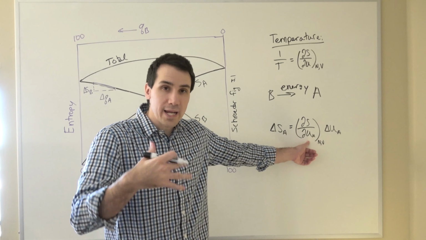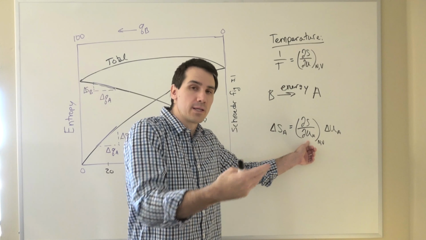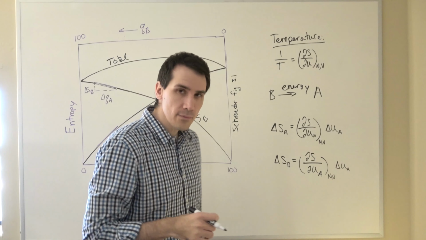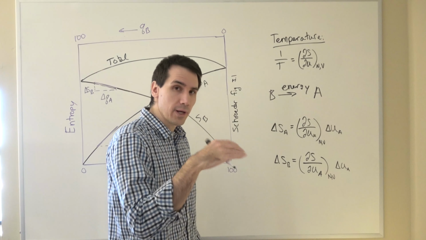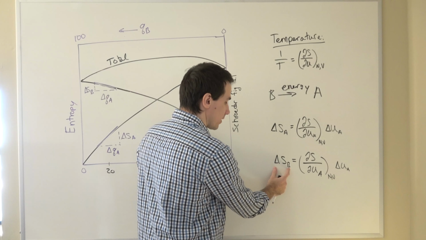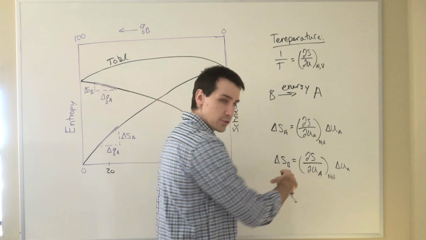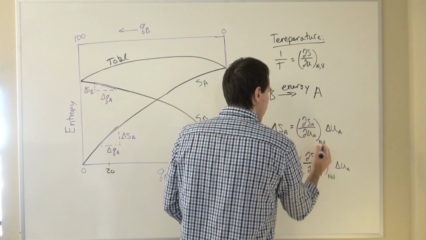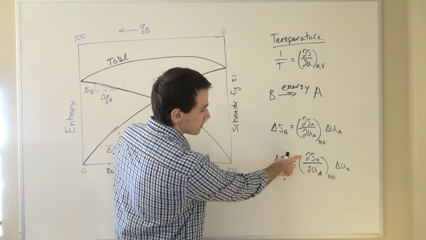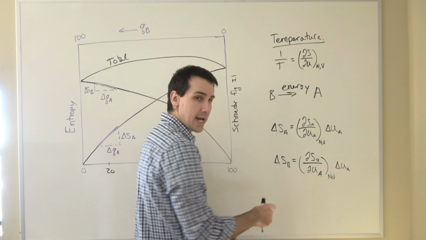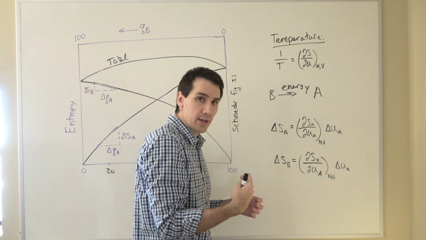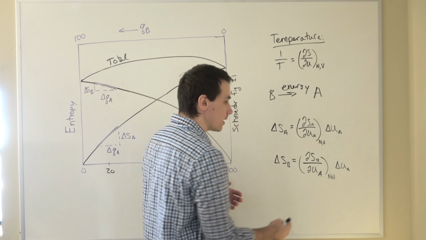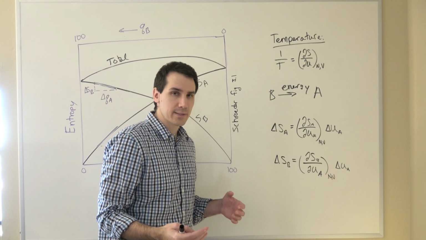This is our rate of change: how fast does entropy increase as energy increases, multiplied by how much energy did we get. We can also do the same thing for entropy B. We can figure out the entropy of B by figuring out the slope of our line. So this is entropy A and this is entropy B. How fast is the entropy of B changing as it gives energy to box A, multiplied by how much energy does it give to box A.